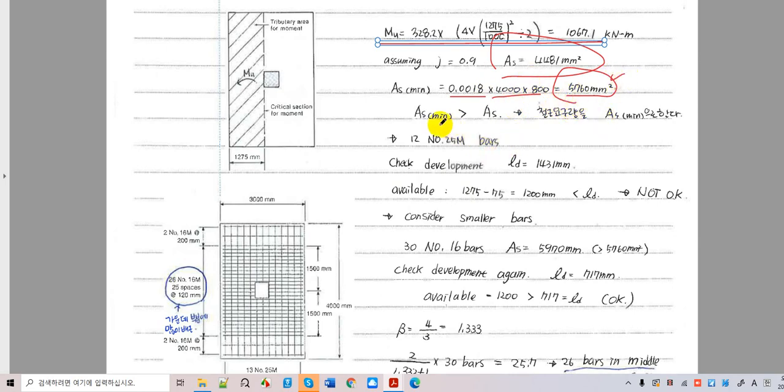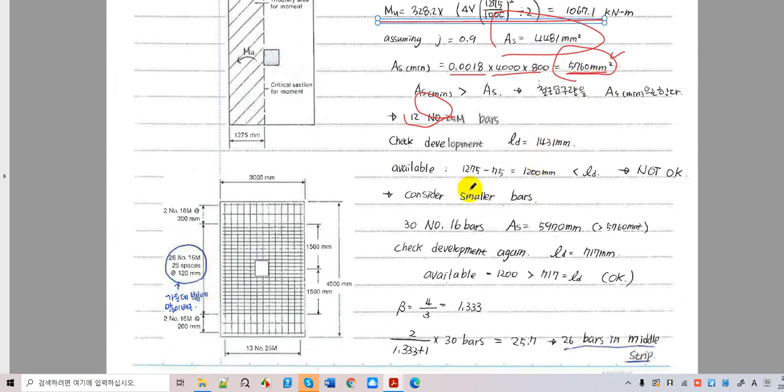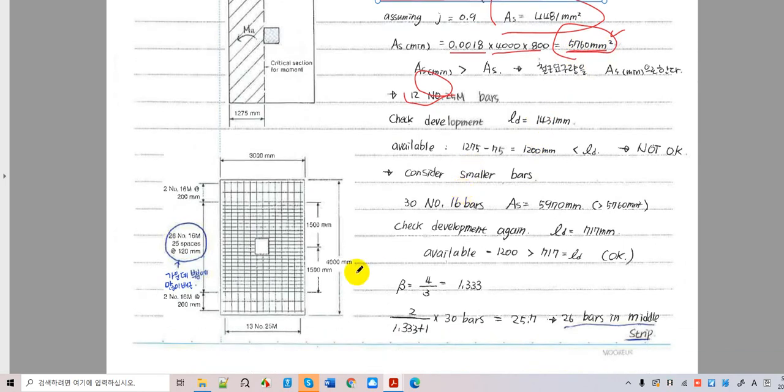So we chose 12 number 25 bars, which will satisfy this value. So now the problem is how we're going to place them on the rectangular foundation, and we can just place them in the transverse direction evenly. Okay, evenly means all the way with equal distance in this direction, right?